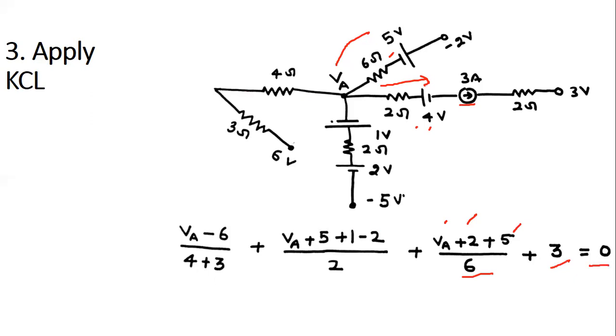So apply the KCL. In nodal analysis, first is the selection of node. Try to reduce the selection of nodes as much as possible. Second is assumption of node voltage. And third is to apply the KCL.